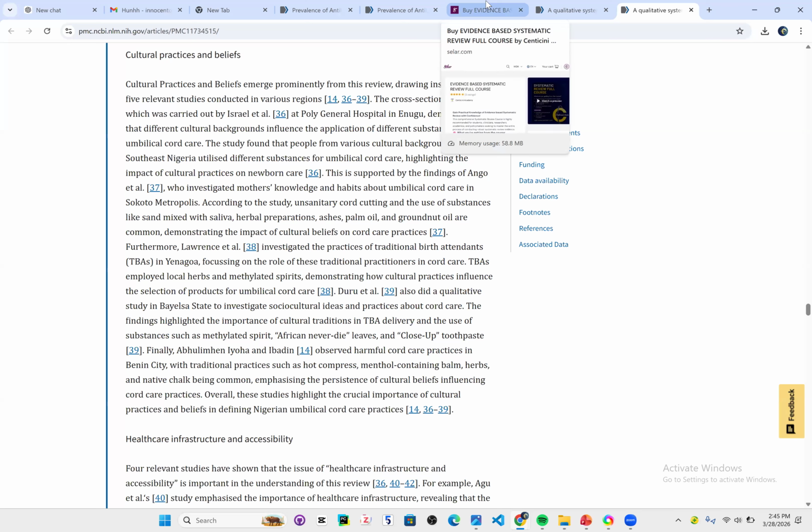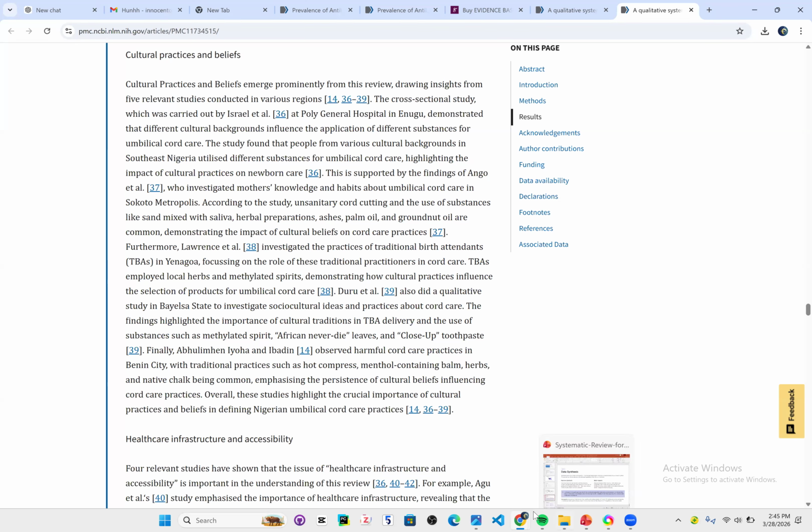So one of the things that makes your study very rich is what? Number of included studies. Okay? So the more included studies you have, the more quality your systematic review gets to have.